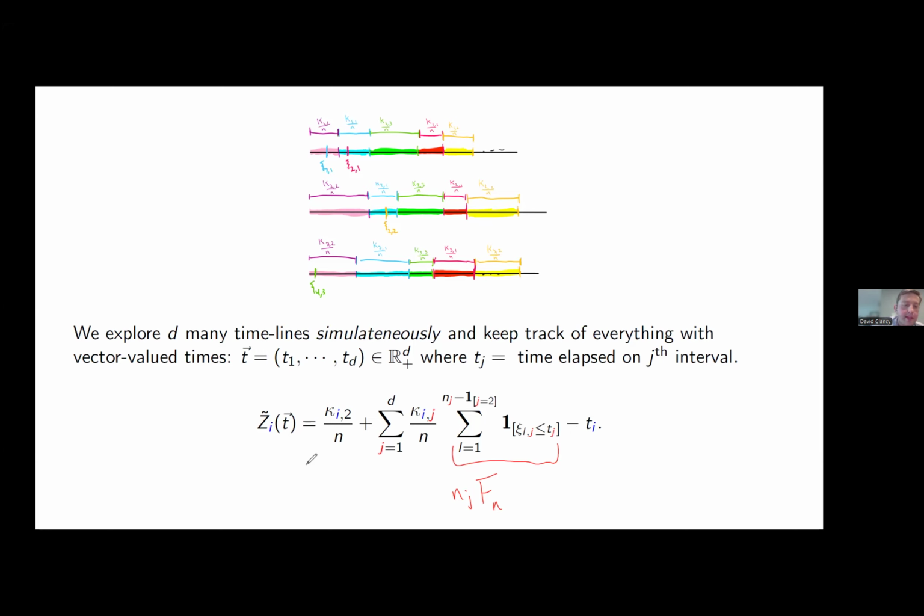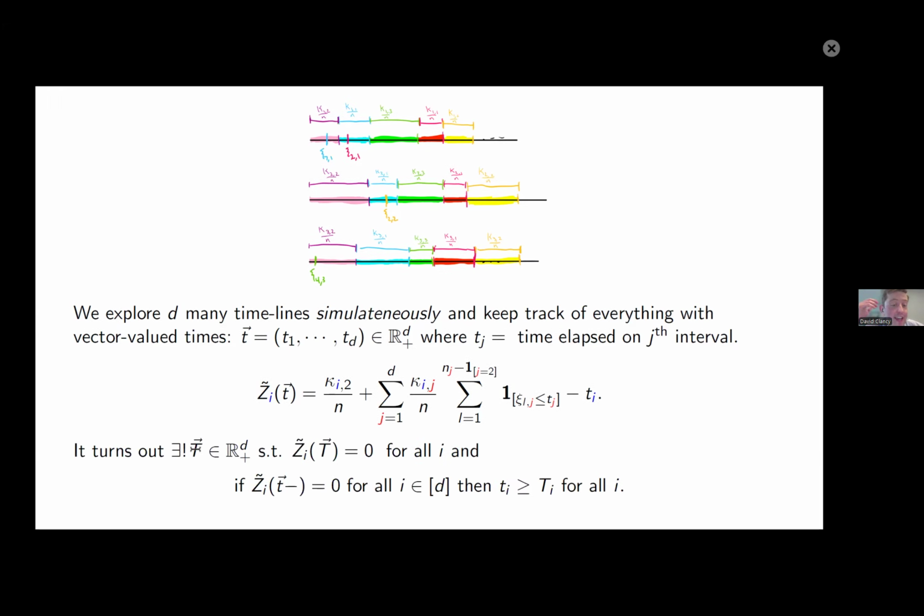But the idea is that we can use a now random field that takes an R^d value time input and spits out a vector in R^d to encode the graph because of this nice little fact that there exists a unique time t that is vector valued, that is a root of this vector valued equation, a simultaneous root for all coordinates, with the additional property that it is minimal, in the sense that if you give me any other simultaneous root, then for all indices t_i is bigger than the special vector coordinate capital T_i.